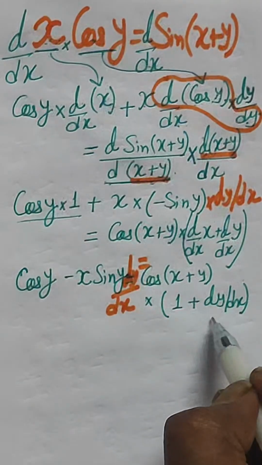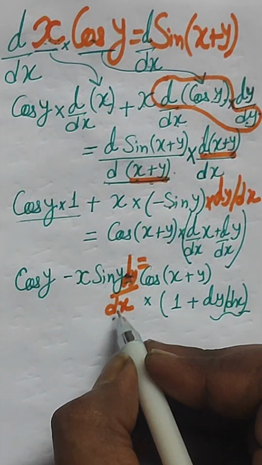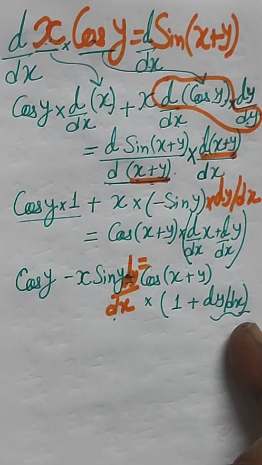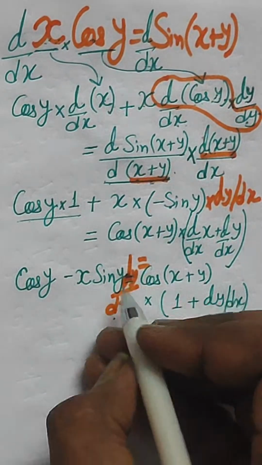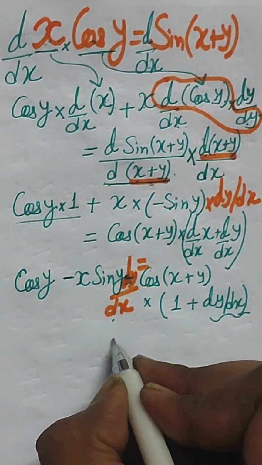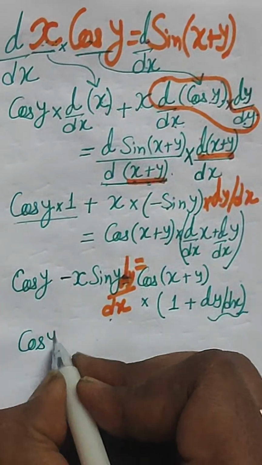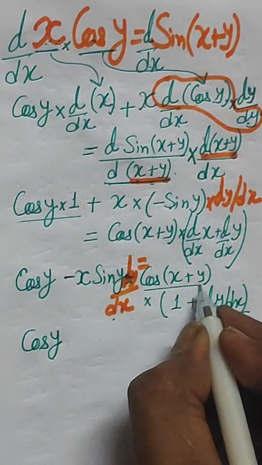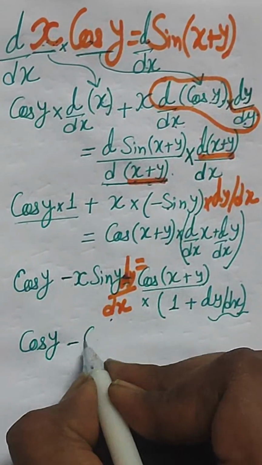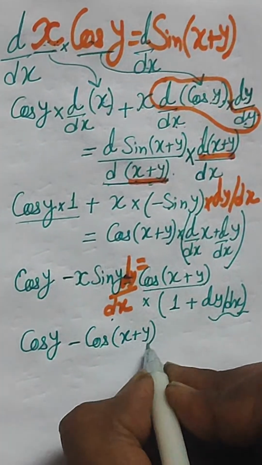so you can see dy by dx here into the RHS also and LHS also. So what we will do, we will bring this dy by dx into one side of the equation. Okay, so just push it to the RHS. So first just write the LHS, this cos y, and this cos (x plus y) multiplied with 1 going into the LHS, this will be minus cos (x plus y), right?